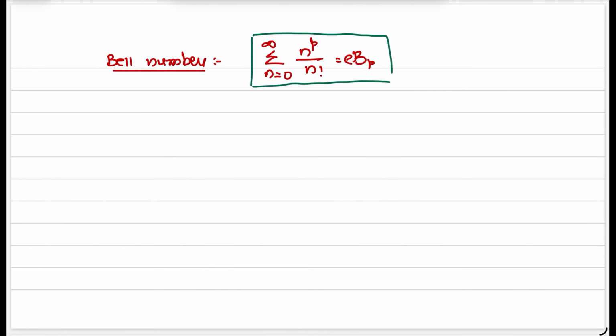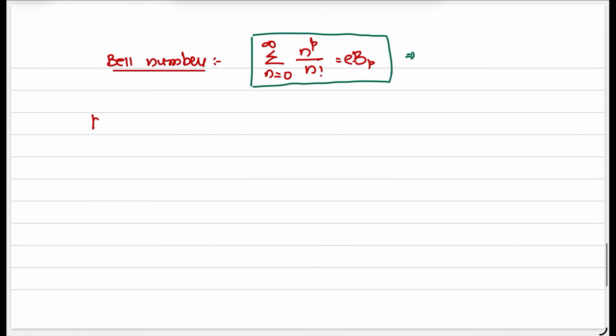Instead of calculating, you can easily calculate also, but however, from series n is equal to 0 to infinity, n to the power of p by factorial n is equal to Bell number Bp e. From this, let's make a table.